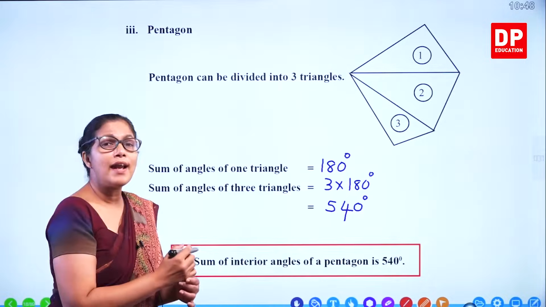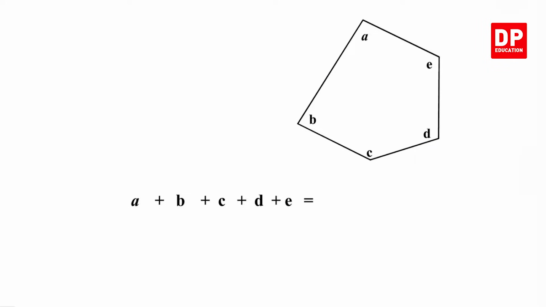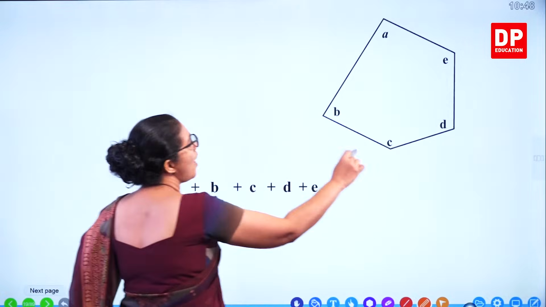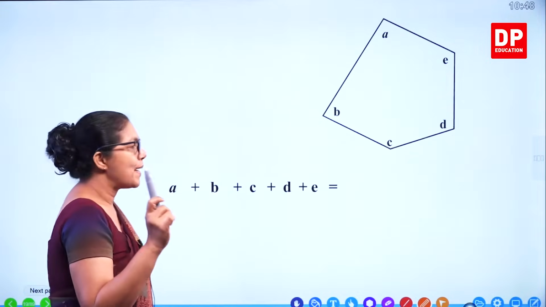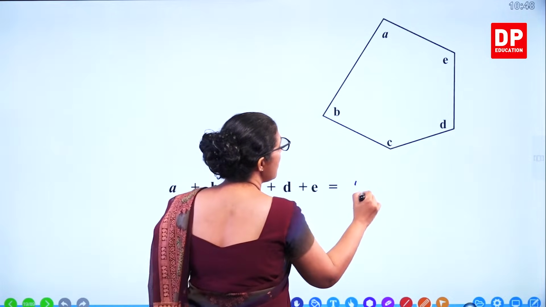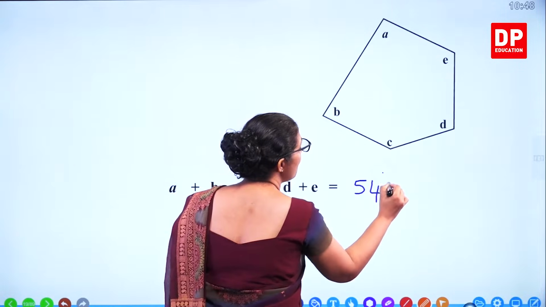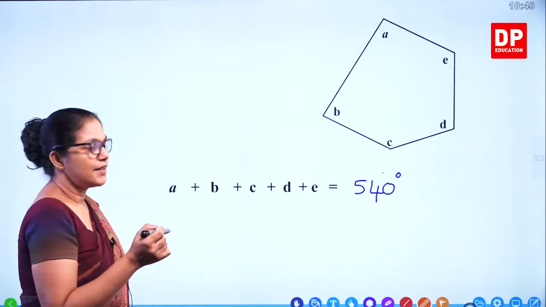That's 540. What is this shape? 1, 2, 3, 4, 5. That's a pentagon. So A plus B plus C plus D plus E is 540, which is 180 times 3.